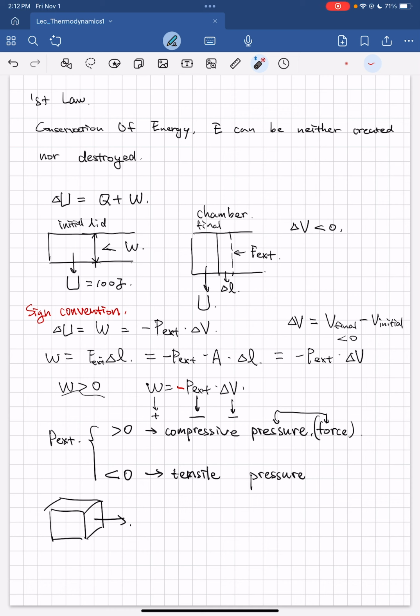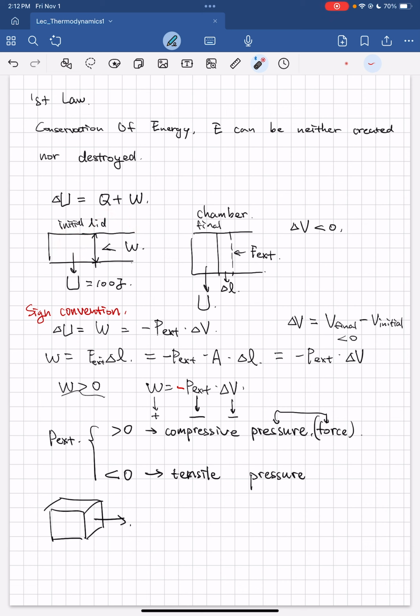But when the surrounding area has lower energy, like we just put this, let's say this is some kind of stove, and you put it in the freezer, then the heat is going to go from system to surrounding. So of course Q is negative. Okay, it's just that simple.